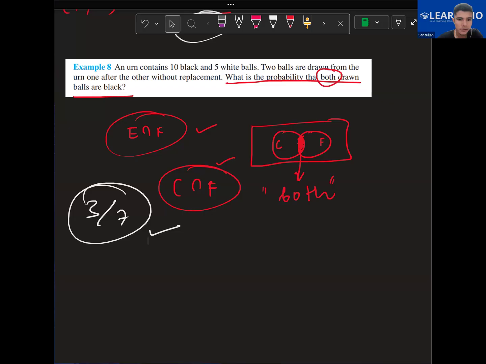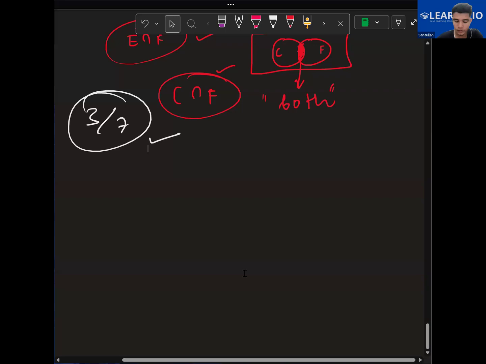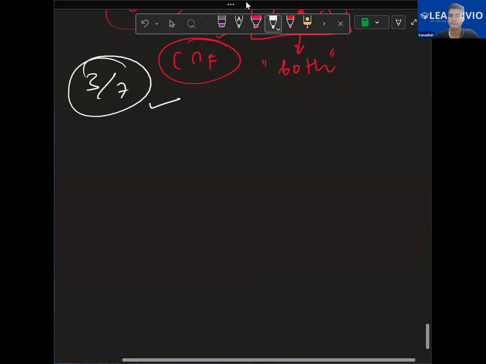Okay, so do you have an idea about cards? Yes, sir, a little bit.